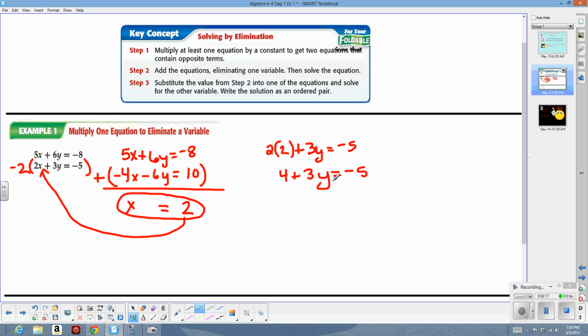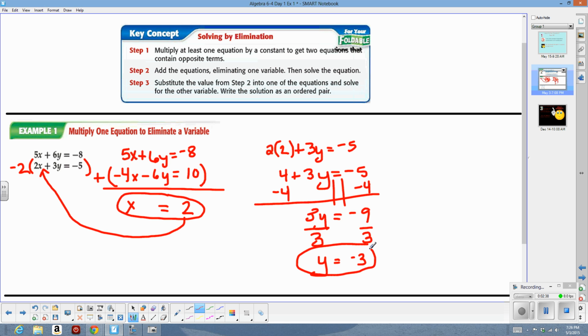Now to get the y alone, I'm going to subtract 4 from both sides. And then I'm left with 3y equals -5 take away 4 more is -9, divided by 3 to get 1y equals -3. So now the solution is 2, -3.